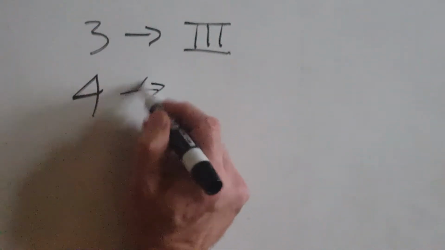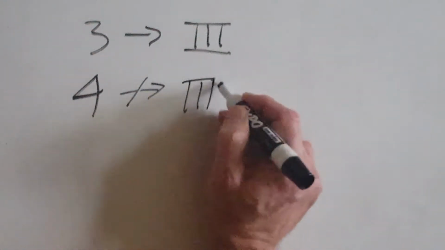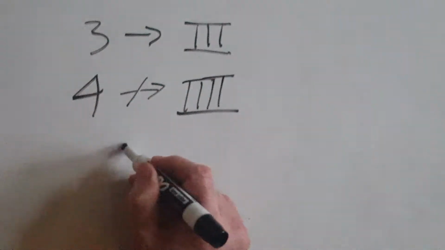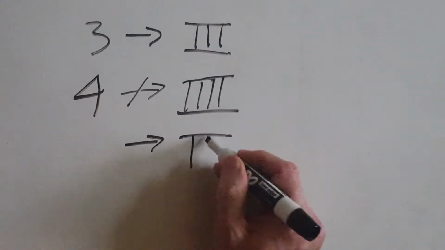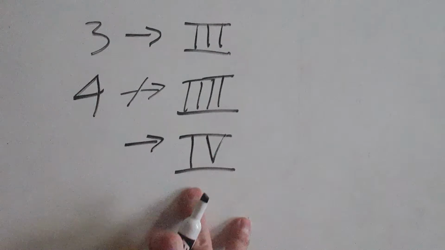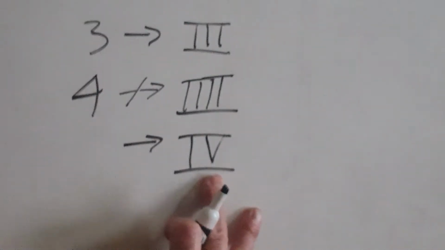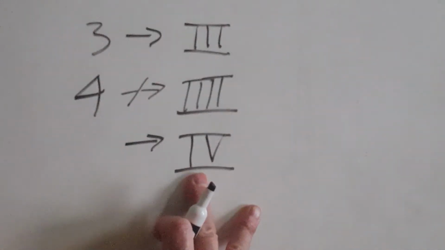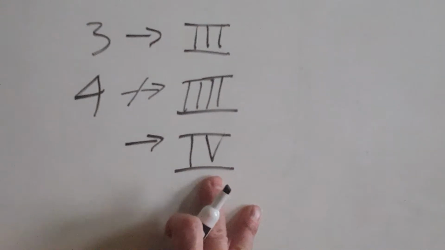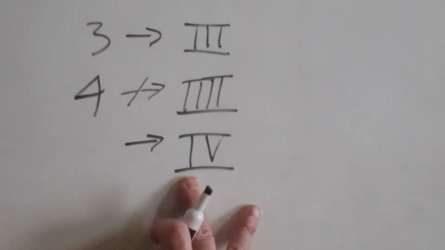4 is not IIII, it's actually IV, okay? The fact that the I appears to the left of the V means it's 1 less than 5. So V would be 5, and IV is 1 less than 5, or 4, okay? And that's true of many of the different representations.